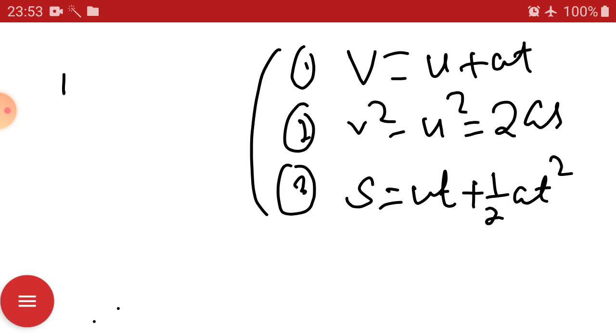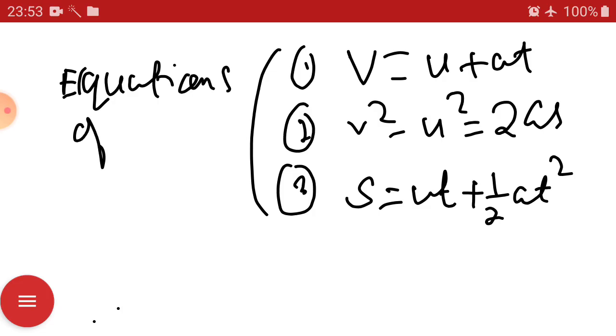They are the equations of motion. And what are the letters, like what are this v, u and t?